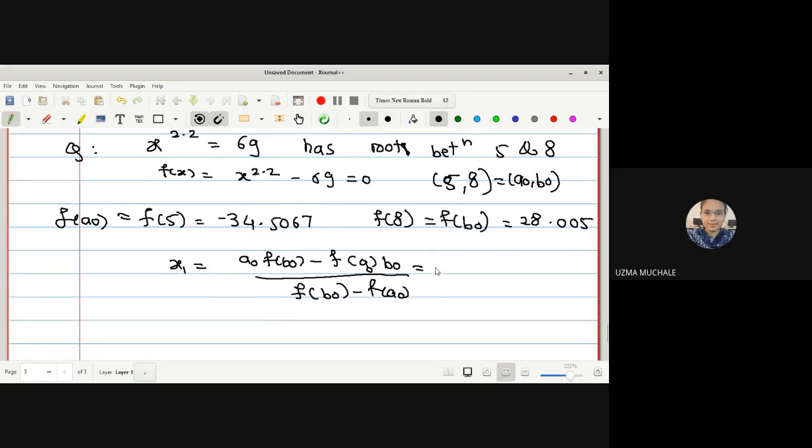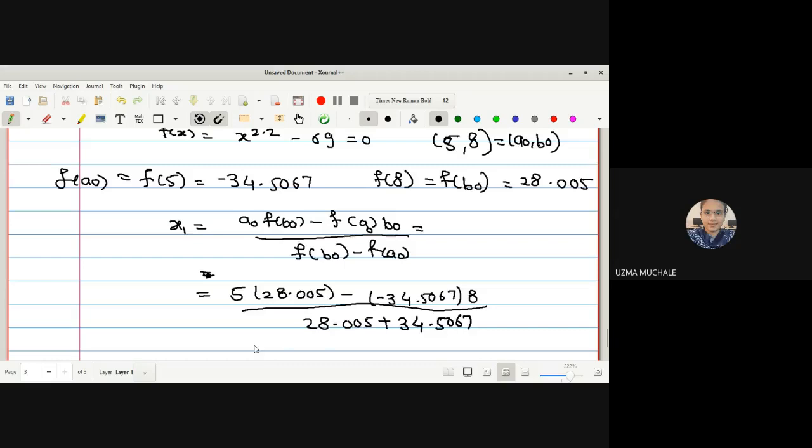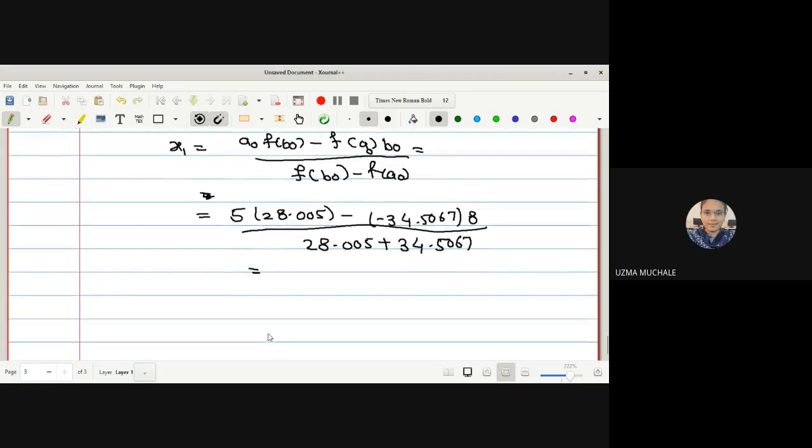Calculate all these values, because we have the value of a naught as 5, f of b naught is 28.005 minus f of a naught is minus 34.5067, into b naught is 8, divided by 28.005 plus 34.5067. Calculate and tell me the answer for x1.